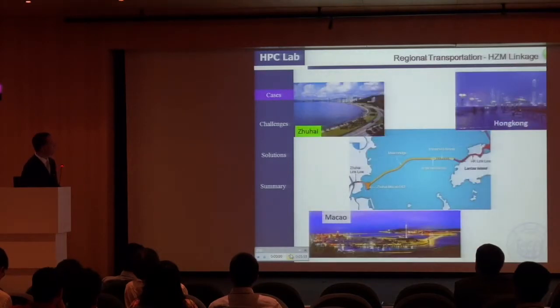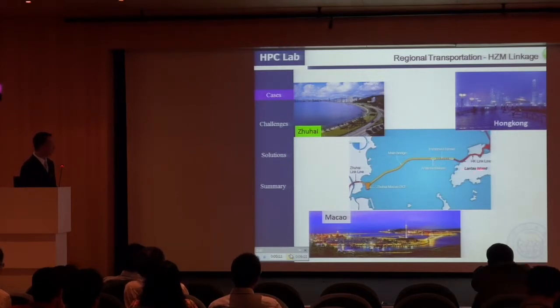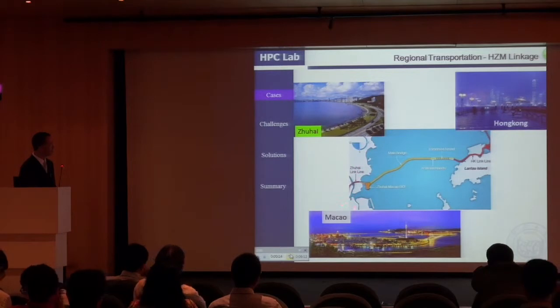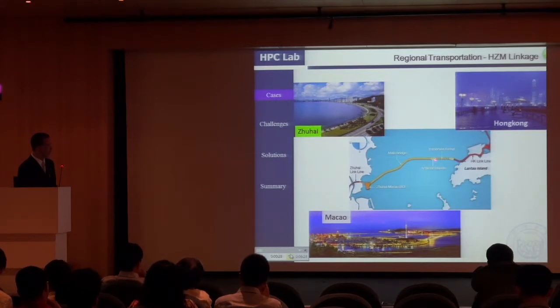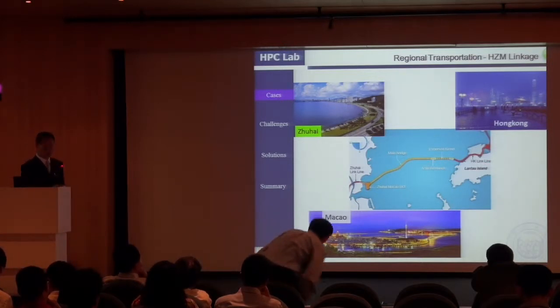Another extreme engineering project for transportation is the linkage between Hong Kong, Zhuhai and Macau. This project is about 35 kilometers in length. It is composed of bridges and a tunnel, crossing two artificial islands to form the whole project.